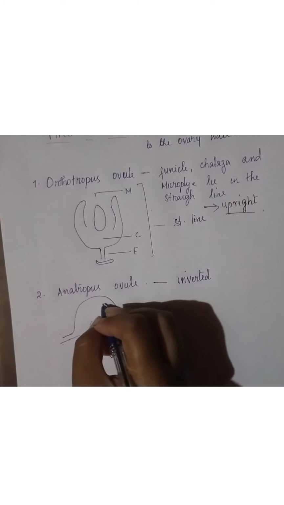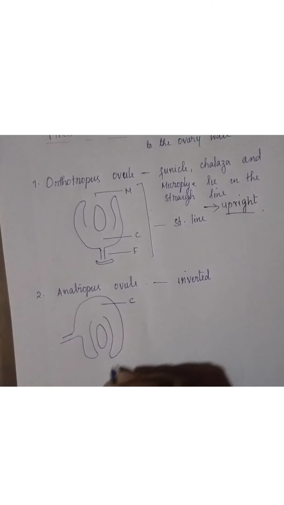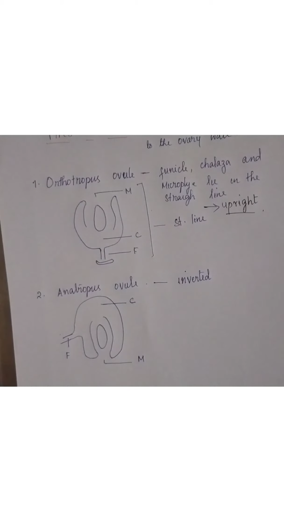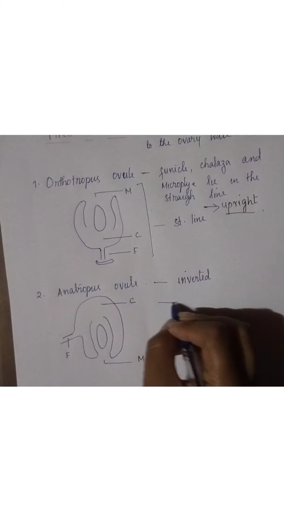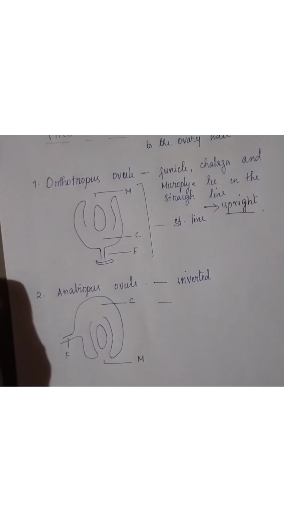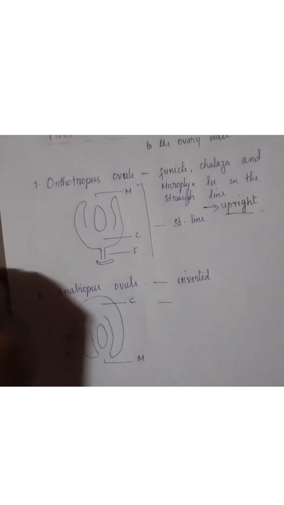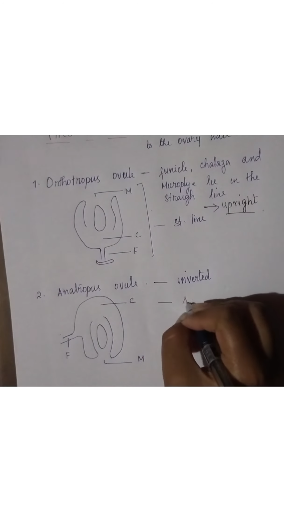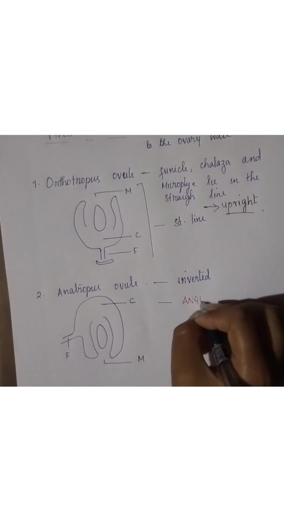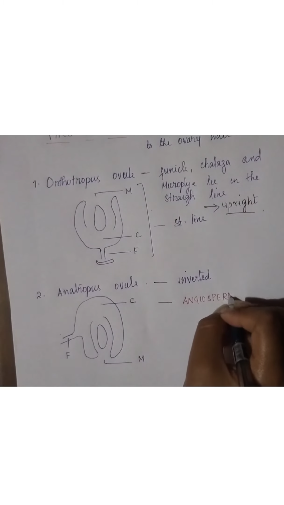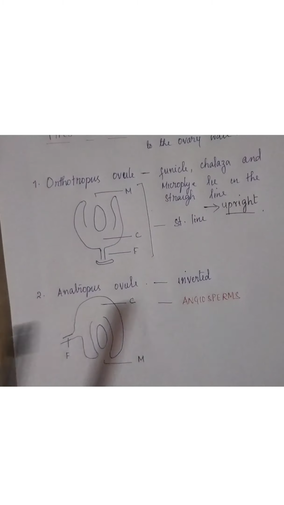This is the chalazal, the micropyle, and this is the funicle. Anatropous ovule is mostly found in angiosperm. A-N-G-I-O-S-P-E-R-M, angiosperm.